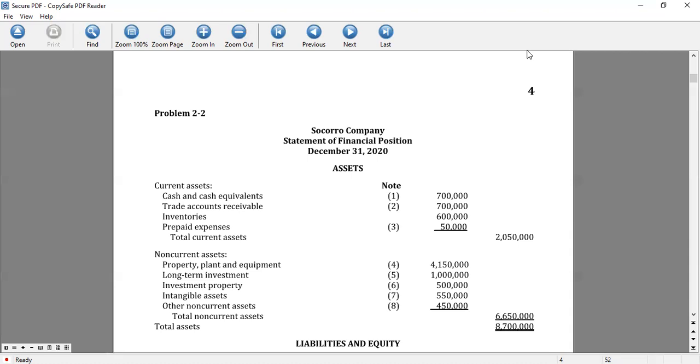So we have now the total other assets. In the summary, we have 5.9 million.